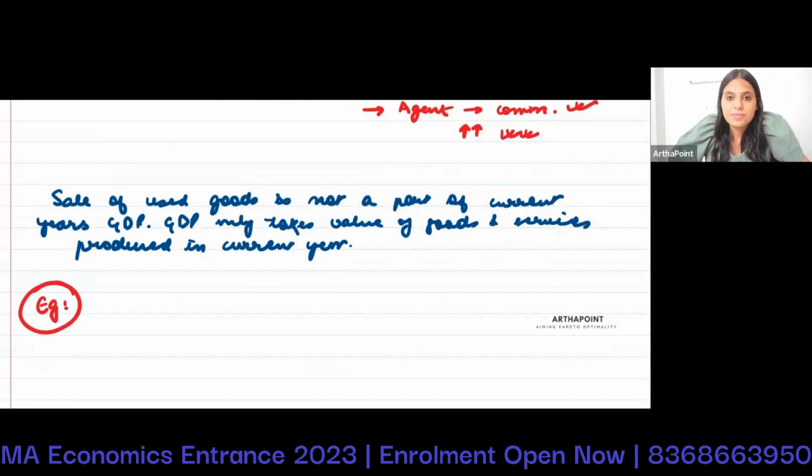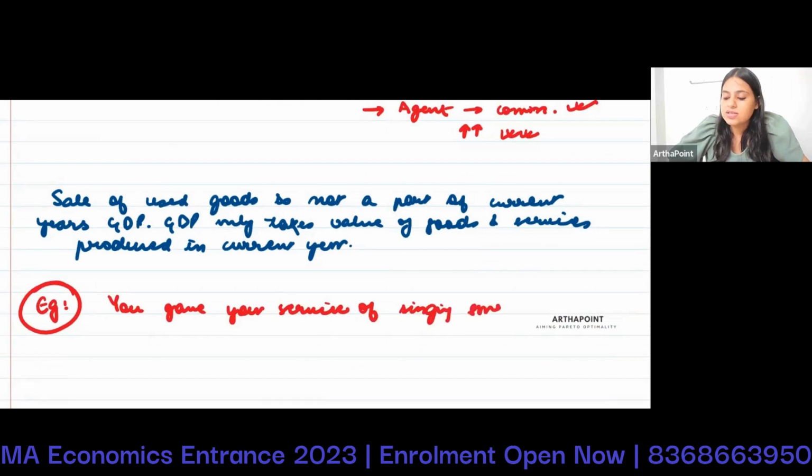So for example, it tells you the following, that you gave your service of maybe singing a song last year to Mr. X, but he didn't pay you any money.